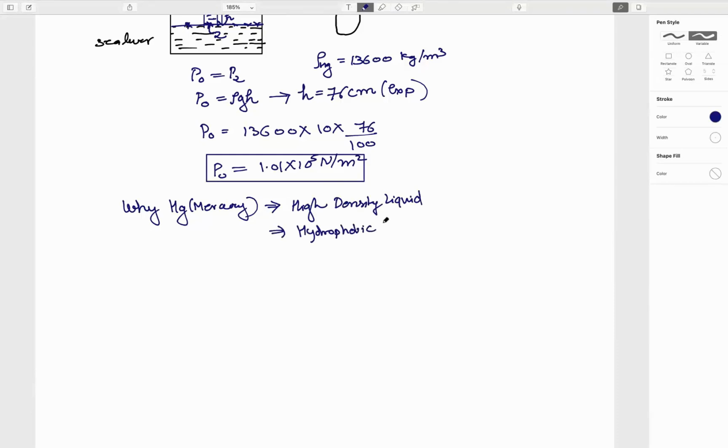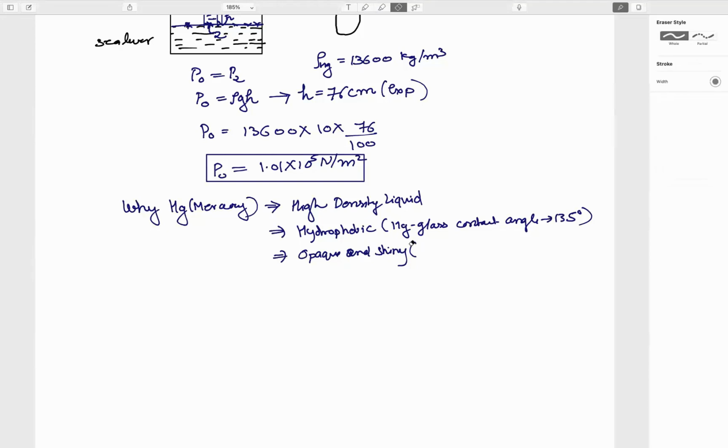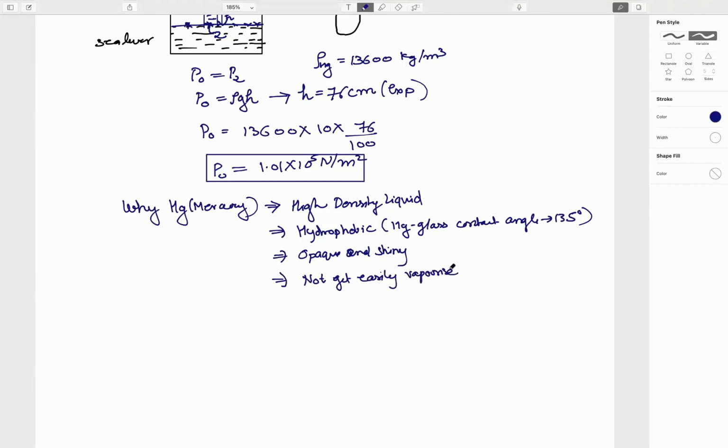It is hydrophobic, and the mercury-glass contact angle is around 135 degrees. It is opaque and shiny, which means you will be able to see it clearly. It also will not get vaporized easily.